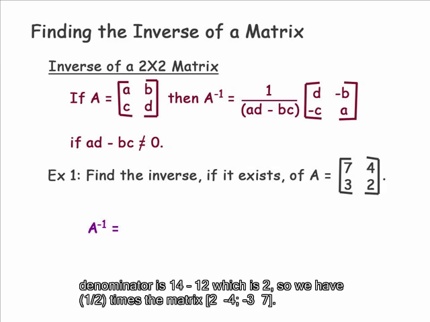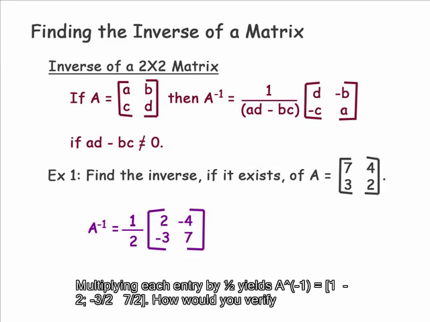So we have 1/2 times the matrix, row 1, 2, negative 4, and row 2, negative 3, 7. Multiplying each entry by 1/2 yields A inverse is equal to row 1, 1, negative 2, and row 2, negative 3 halves, 7 halves.